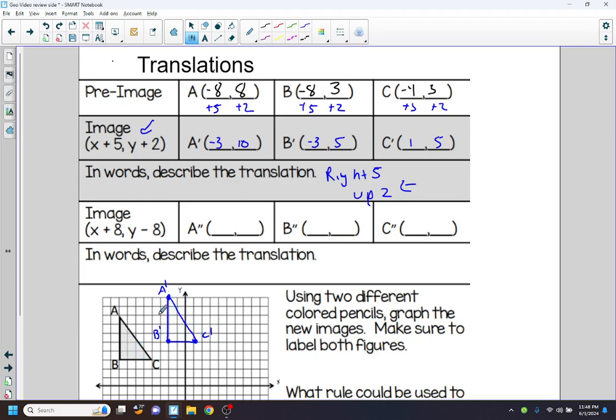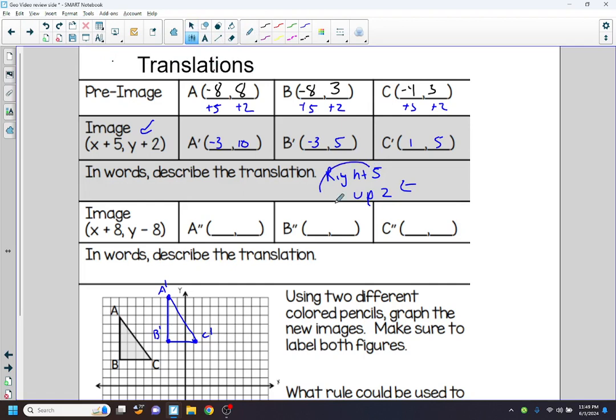Okay? So here, it looks like I literally took this triangle and moved it up. Now, did I miscount? 1, 2, 3, 4, 1, 2, 3, 4. No, I just drew badly. But whatever, it moved right 5, up 2. Okay? That's what transformations are, basically. All right, that's a translation, I should say.